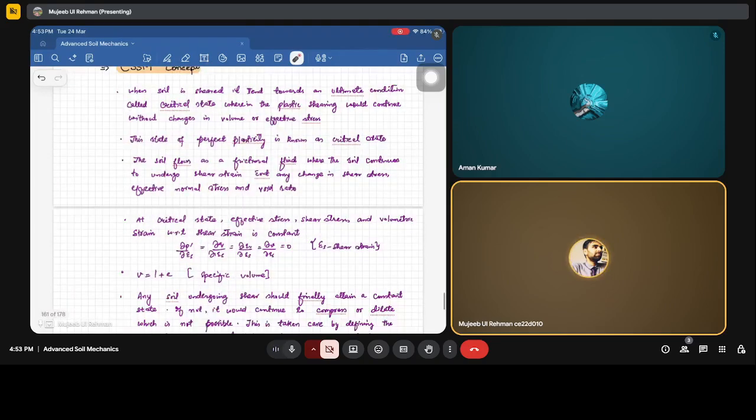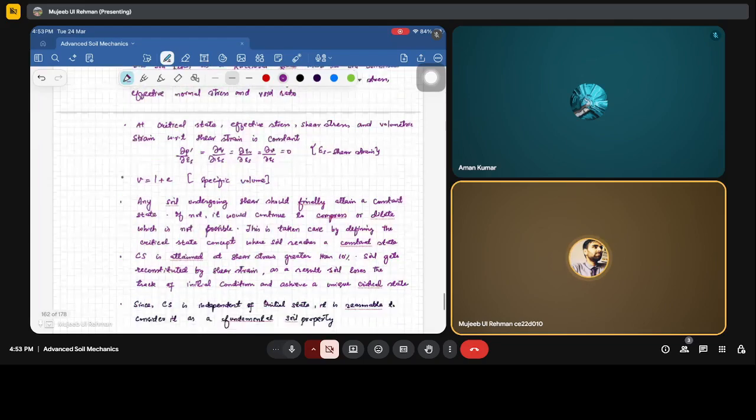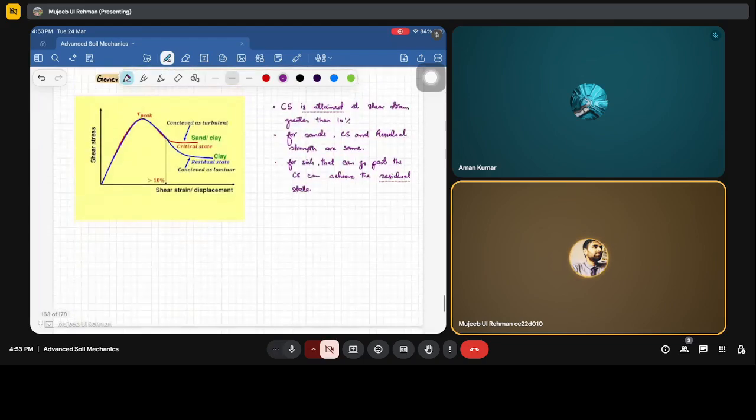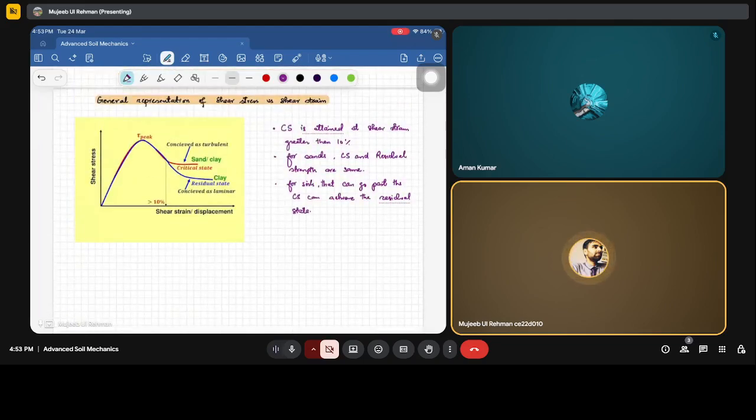Since you need a brief, here you can see that once soil has achieved the peak stress, it begins to soften. At this point of time, you can see this is stress, this is strain.